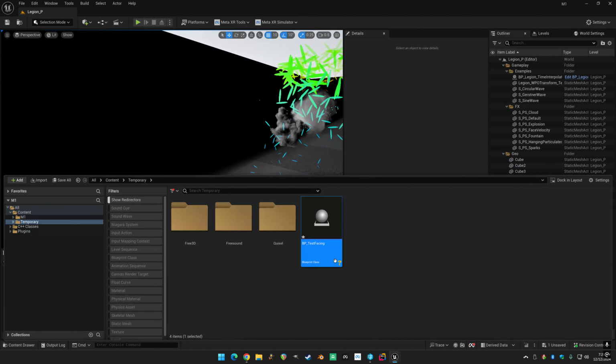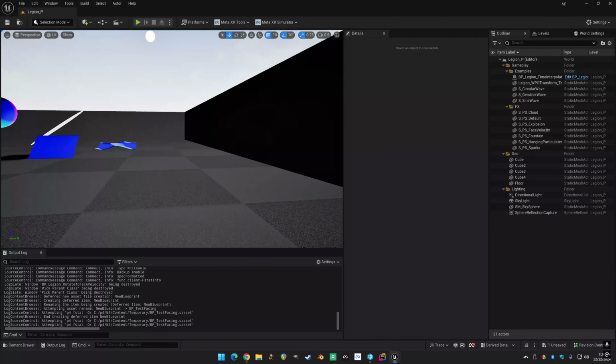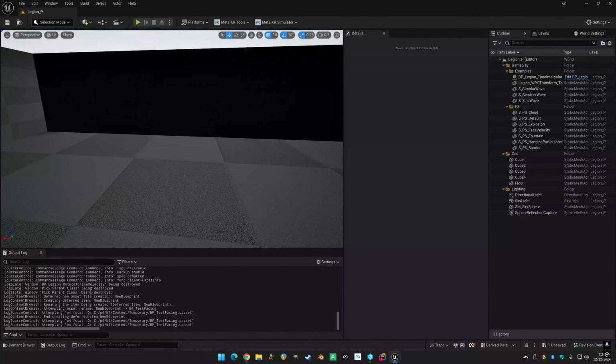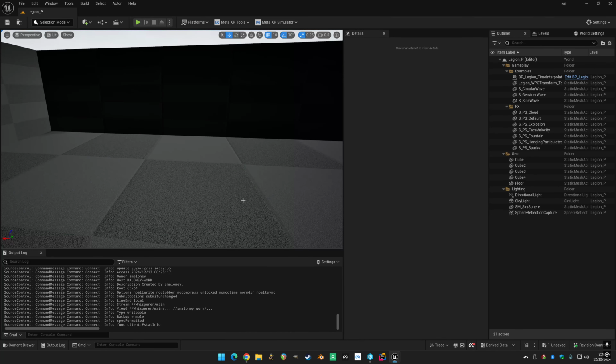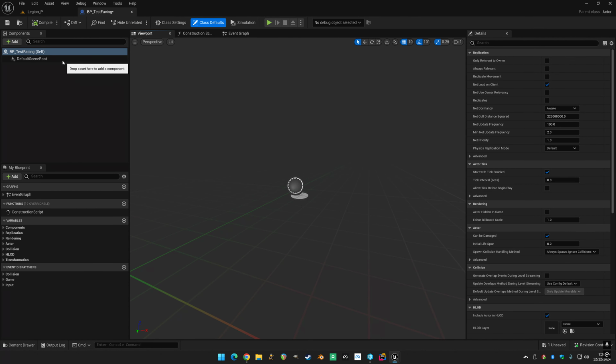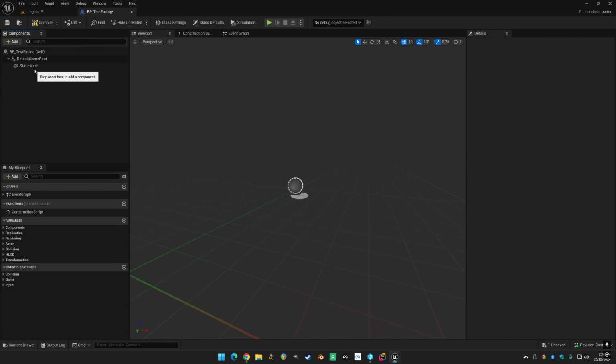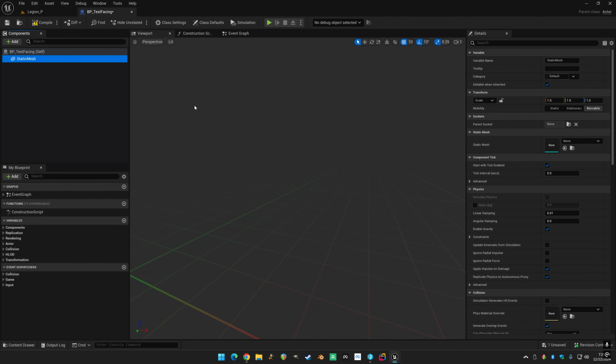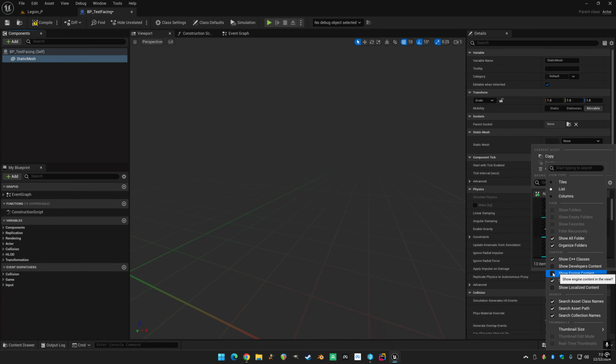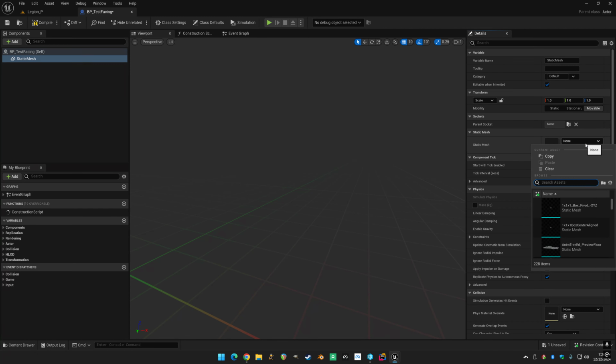So I'm just going to make a new blueprint actor, call it test facing. This actor is going to have a static mesh. This is just to demonstrate, and we're going to want to use a plane from the engine content that's on the ground, like this.